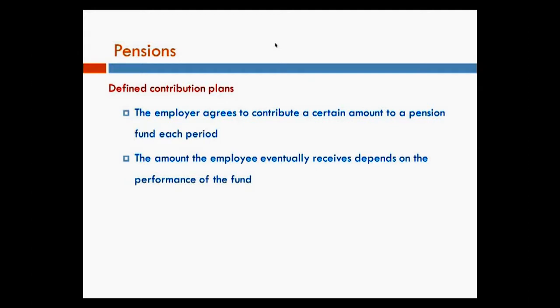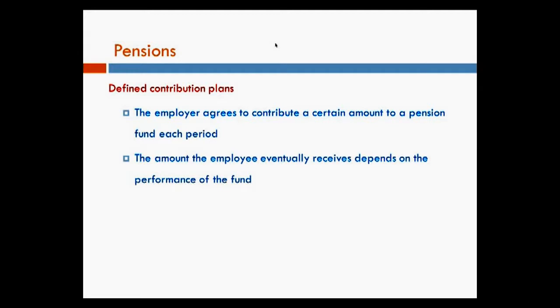So they're contributing to your personal pension fund, and it's growing while you're working. The amount you receive depends upon the amount that was contributed in, and then the performance of that fund. So this is relatively easy because the amount that the employer is contributing is a known number each period. These still exist, very desirable.